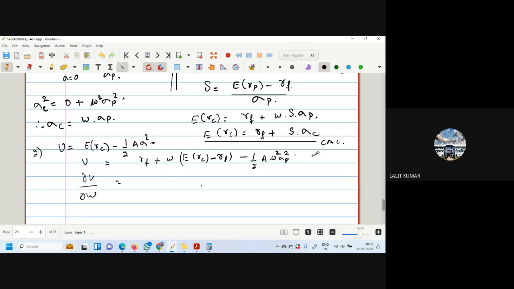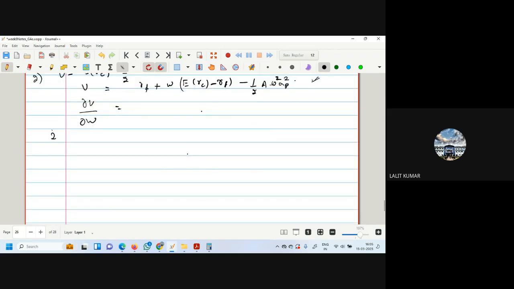So this is first. Then the second part is two risky assets. Your ERC is equal to W into RD plus (1 minus W) into R equity expected.